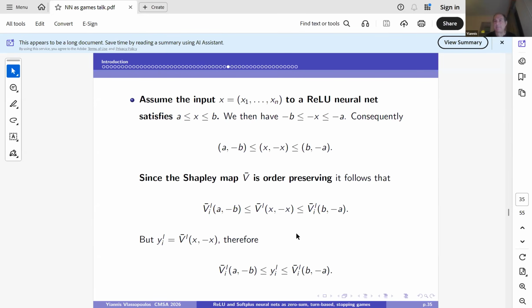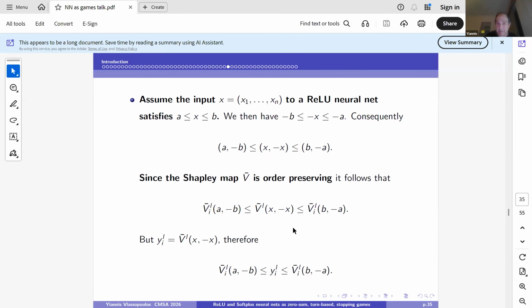Of course, then minus x is between minus b and minus a. So the vector x, minus x is between a, minus b and b, minus a. And now we know that the Shapley map for this extended game is order preserving. And therefore, the value at a, minus b is going to be less than or equal to the value at x, minus x, less than or equal to the value at b, minus a.